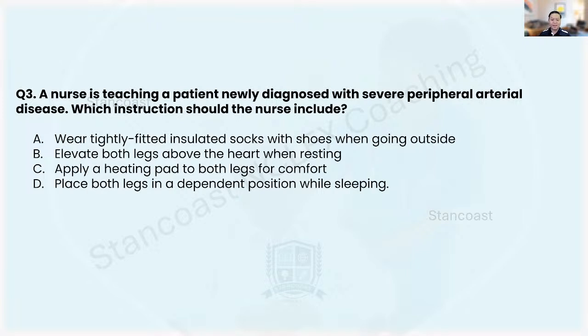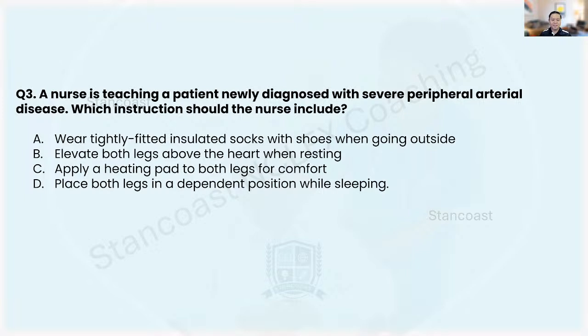Is it A, wear tightly fitted insulated socks with shoes when going outside? Or is it B, elevate both legs above the heart when resting? Or C, apply a heating pad to both legs for comfort? D, place both legs in a dependent position while sleeping.